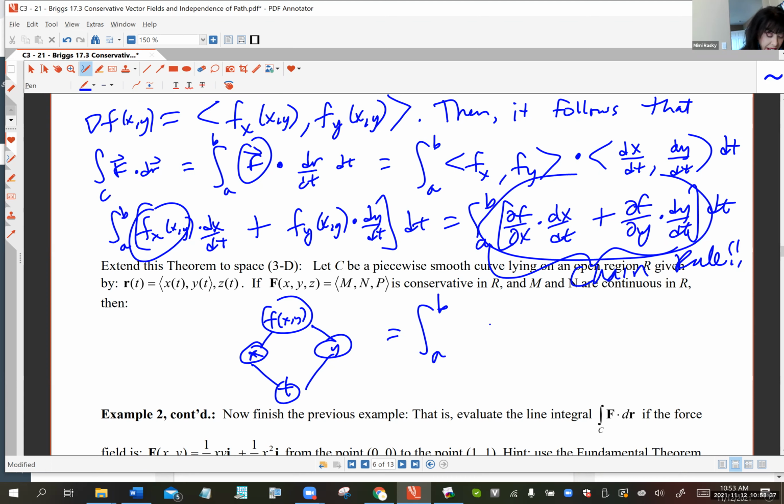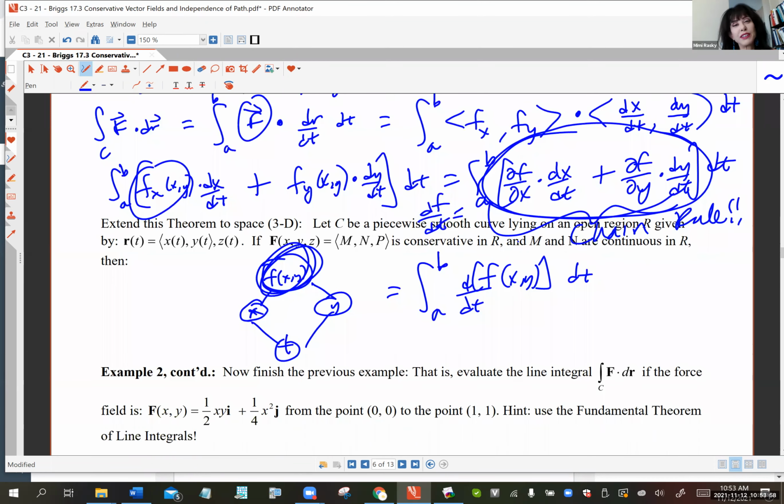It is basically d/dt of the function f up here at the top of our tree. So this chain rule here is df/dt, and that's basically what I'm replacing it with.